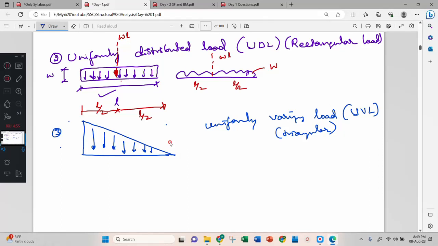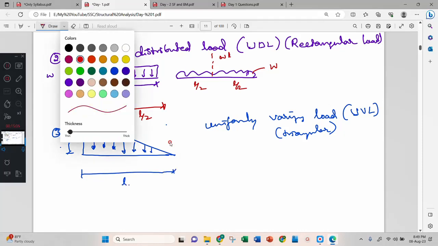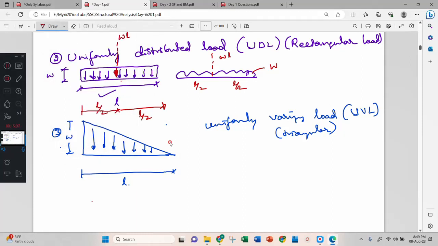Now the height of the triangle is W, and the length of the triangle load is L. Then convert this into a point load. That point load, capital W, is equal to half into base into height, or WL by 2.